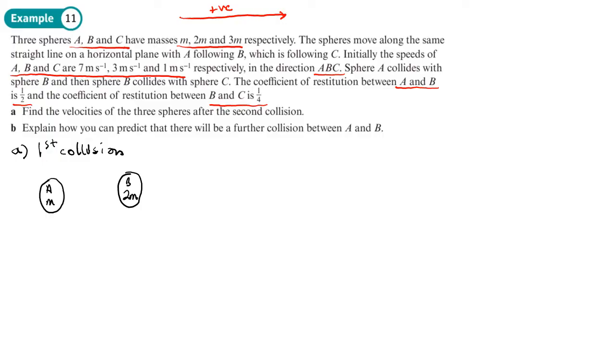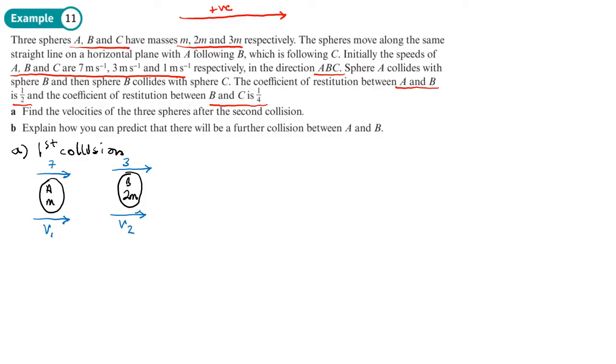They're all moving in the same straight line. A is moving at 7 and B with 3, so it catches up with it. And I'm going to call the speeds of them after this first collision V1 and V2.